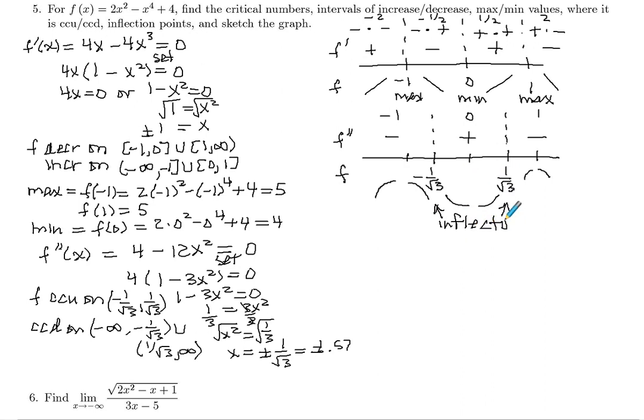We need the y coordinate. Okay, so the y coordinates, we've got to take these numbers and plug them back into our original function. So if we take f, plug in 1 over square root of 3, that'll be 2 times 1 over root 3 squared, minus 1 over square root of 3 to the 4th power, and then plus 4.